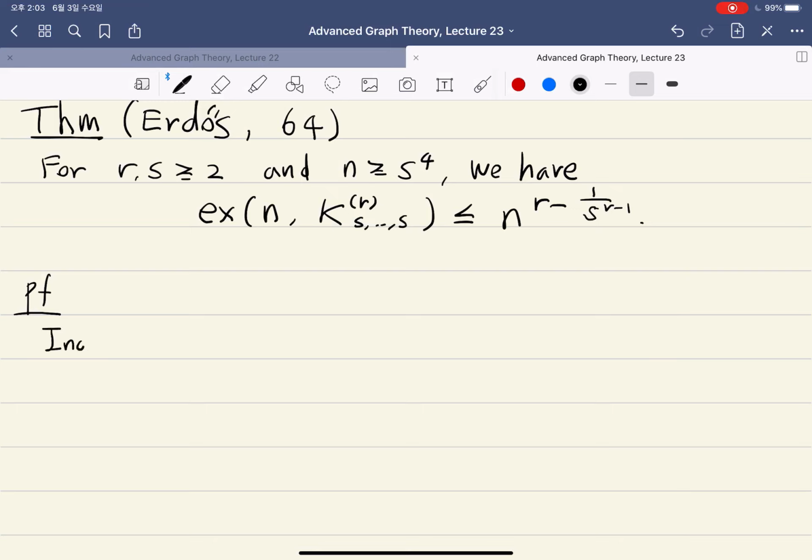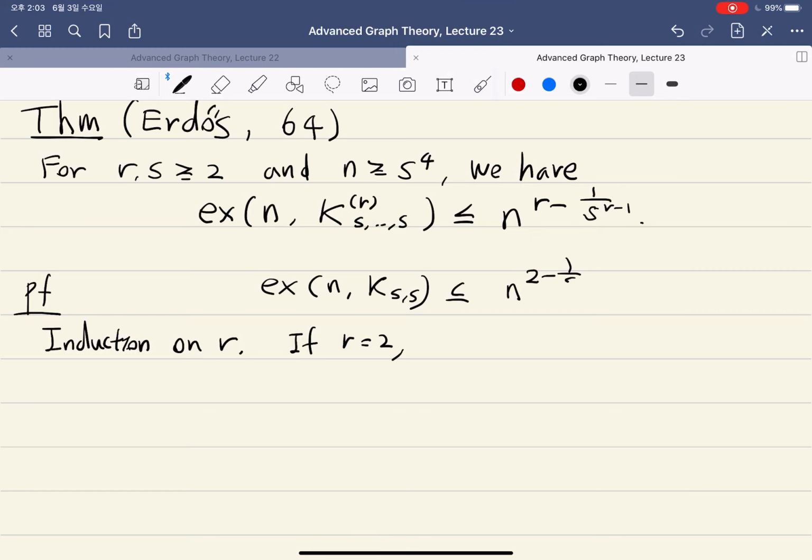We use induction on r. If r is 2, then this is nothing but the extremal number of K_{s,s}, and in undergraduate graph theory, we learned that this is smaller than n to the 2 minus 1 over s.